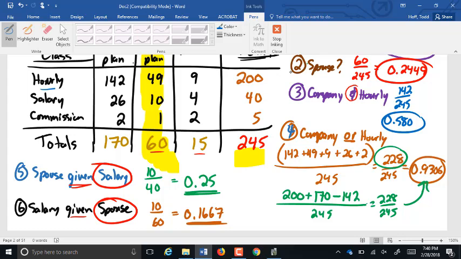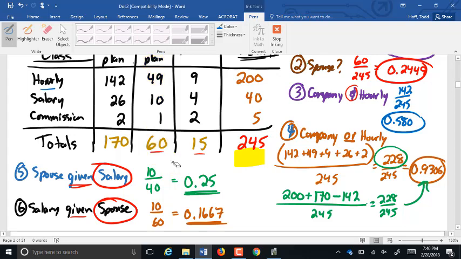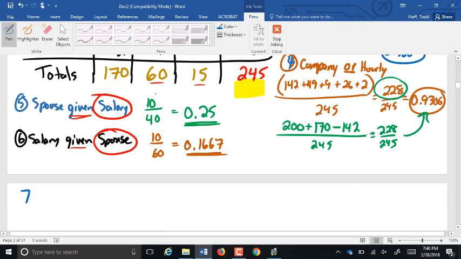Let's say we want to analyze what category is most likely to take our insurance plan. So in other words, we're looking at three different probabilities here. One of them is the probability that they're on the company plan, given that they're hourly.